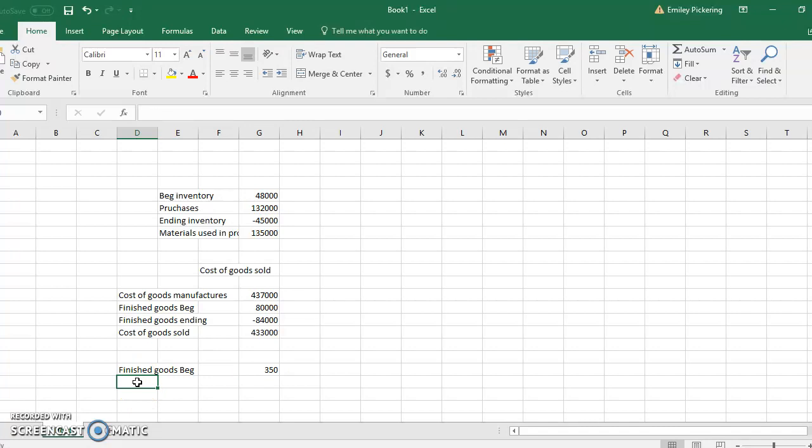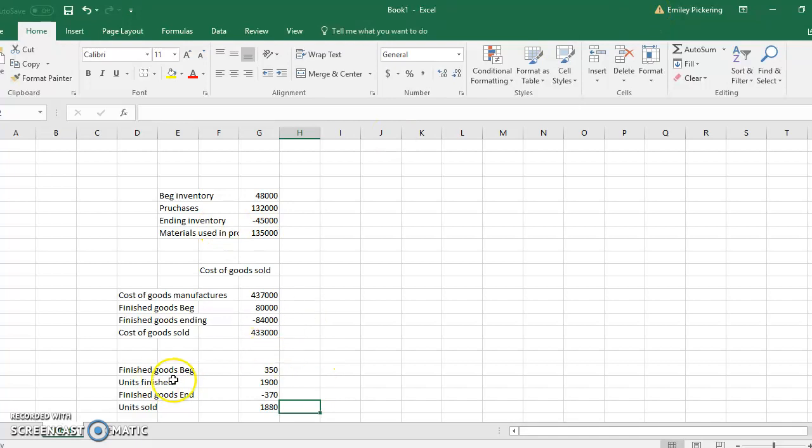And then we're going to add our units finished during the month, and that was 1,900. And then we're going to subtract our finished goods ending, and that was 370. So units sold is going to be 1,880.